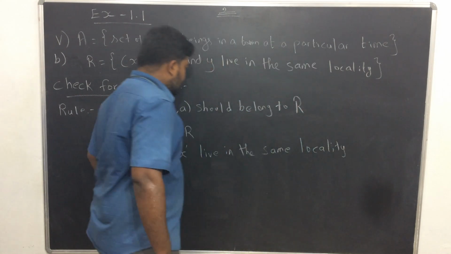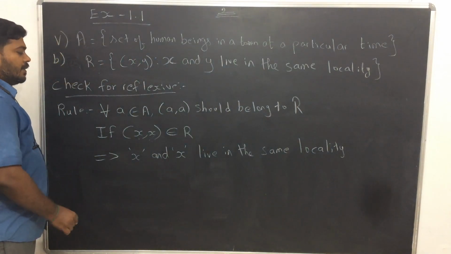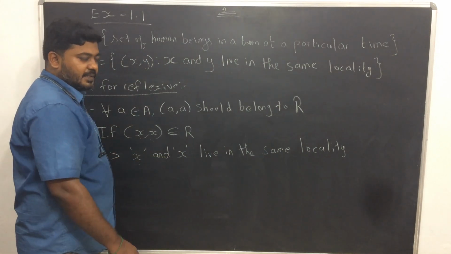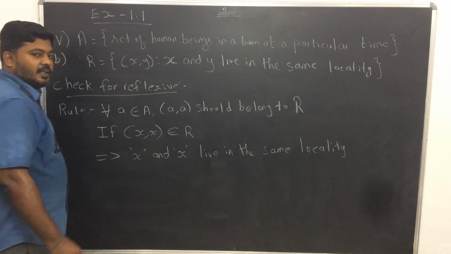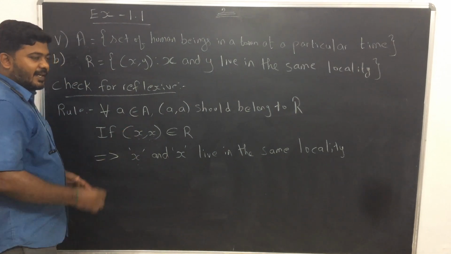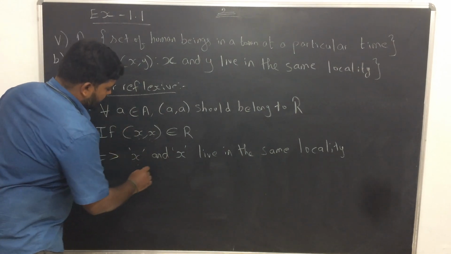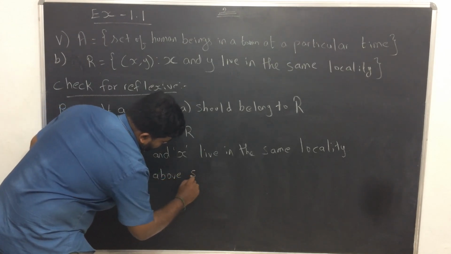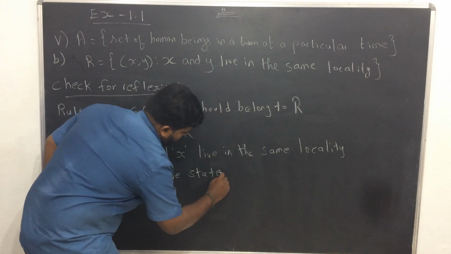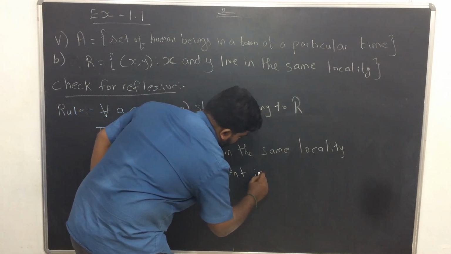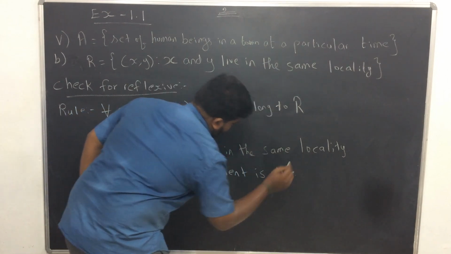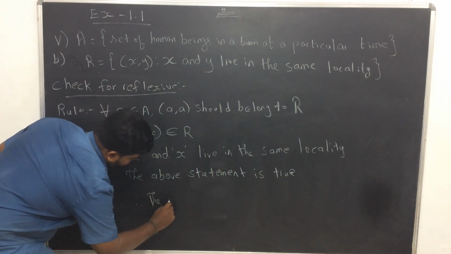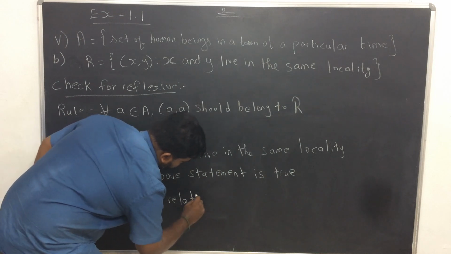Now, is this statement true or false? It is true because x and x are nothing but the same person. So, the same person will obviously be living in the same locality. They can't be in different places, right? So, the above statement is true. Therefore, the relation is reflexive. Okay.